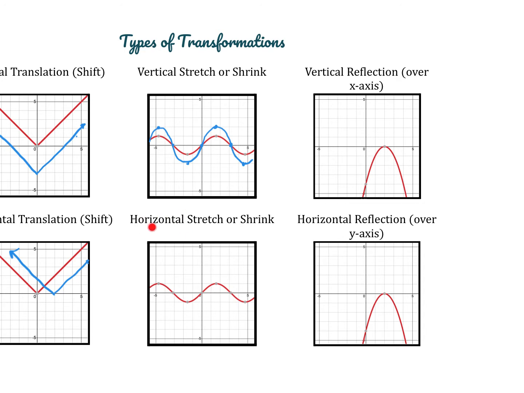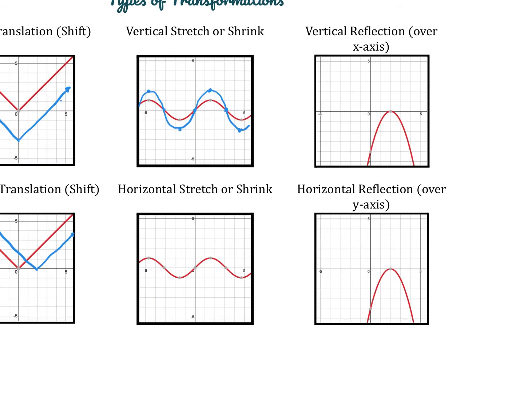Now for horizontal stretches or shrinks, we're going to be changing the x values of our coordinates. For this, it's a little bit trickier because there is a reciprocal rule, which we'll talk about. But again, here our y values are going to remain unchanged. We're going to multiply all of the x values of our coordinates by the reciprocal of our stretch or shrink factor.